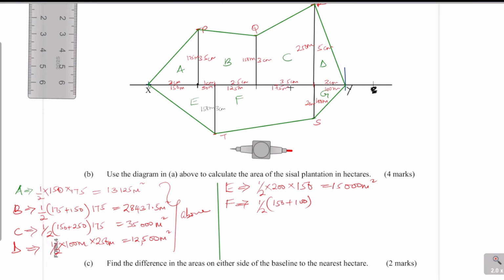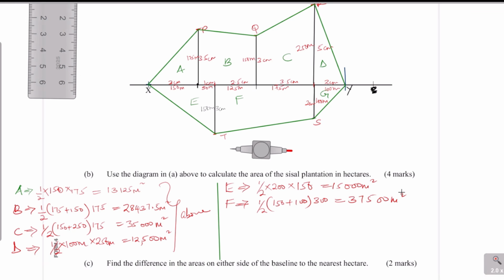That gives 300. So let us work this out. We have 150 plus 100, and then we multiply by 300, divide by 2. So that is 7,500 meters squared.